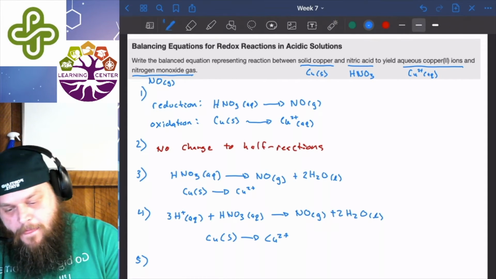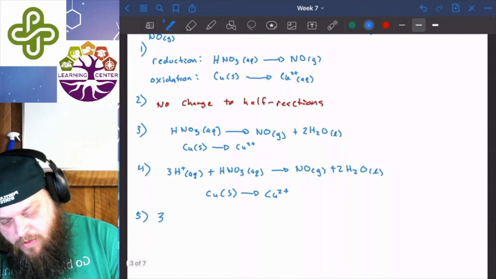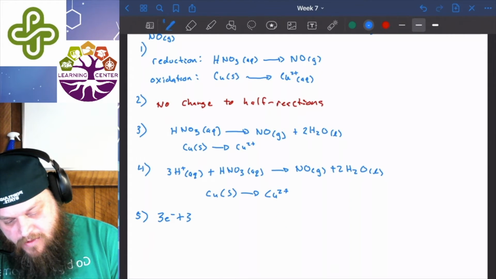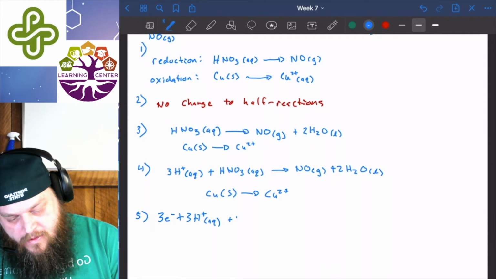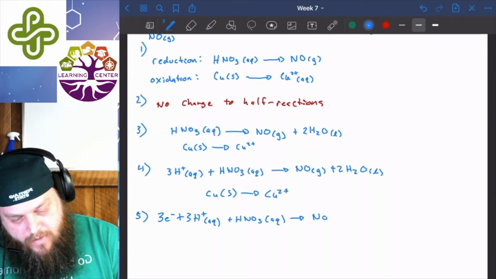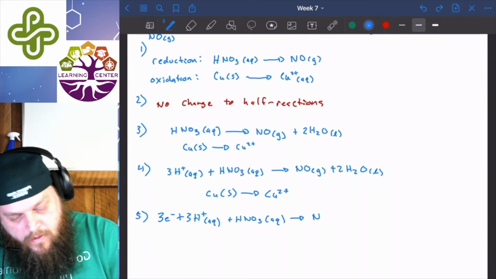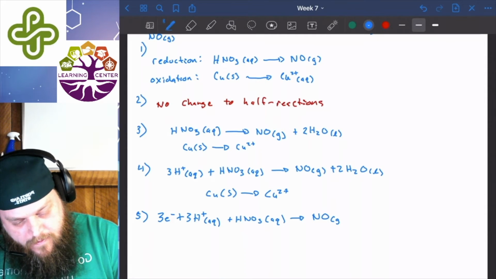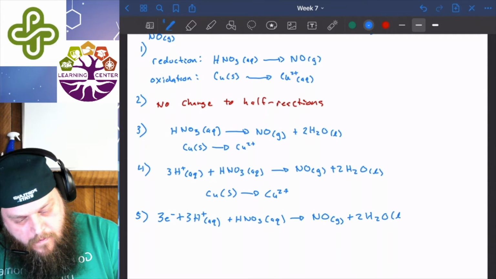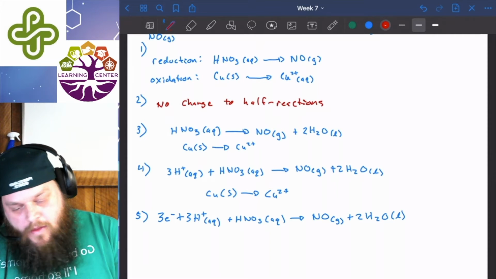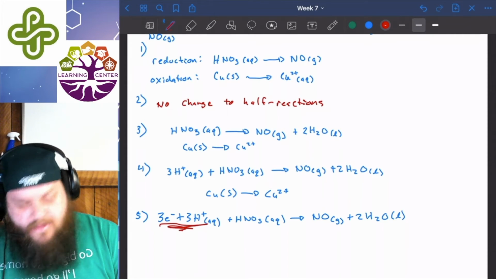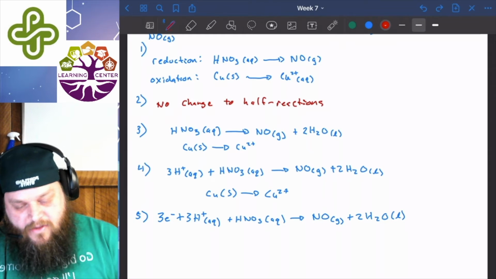If I rewrite that, 3 electrons plus 3 H+ aqueous plus the HNO3. I'm just rewriting this side here. And the main thing I've added is I've balanced this side of the equation, because now that's a neutral charge.